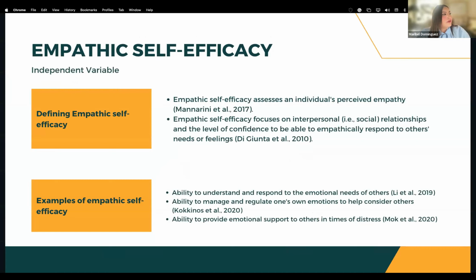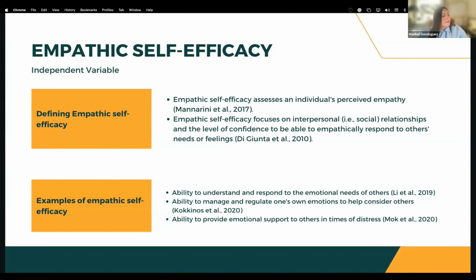The first variable is empathic self-efficacy. This one is acting as our independent variable, or the X variable. Empathic self-efficacy assesses an individual's perceived empathy. It focuses on social relationships and the level of confidence that we may have to empathically respond to others, to their needs and their feelings.